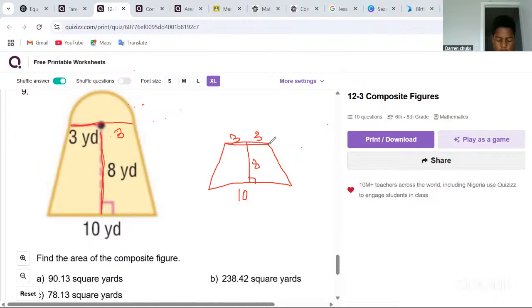So what will be the answer for the area? Okay, Darren, what's your answer?